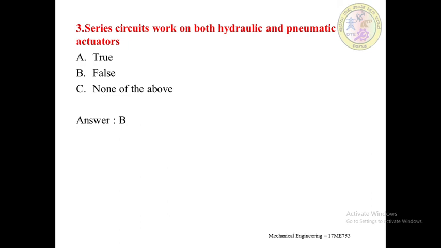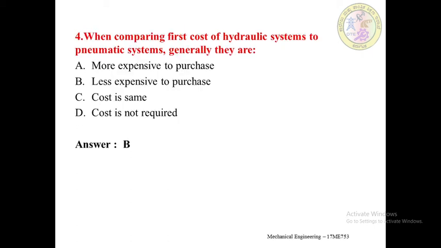Question number 3: the series circuit works on both hydraulic and pneumatic actuators. Options given are true, false, none of the above. The answer will be false. Why? You cannot connect a series circuit of pneumatic and hydraulic, because the working media are different.